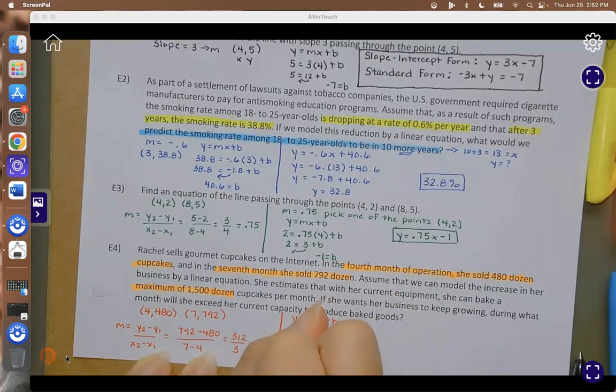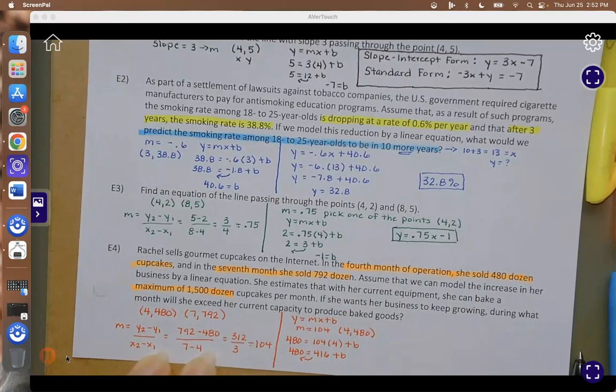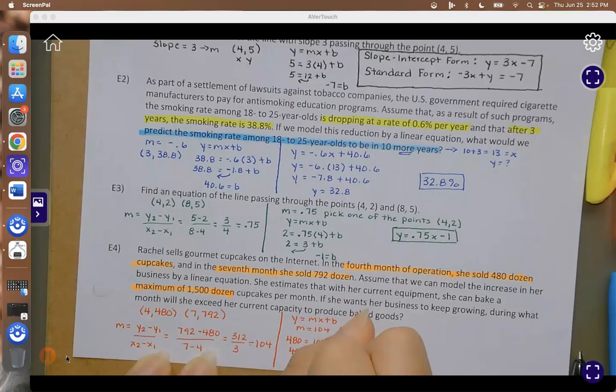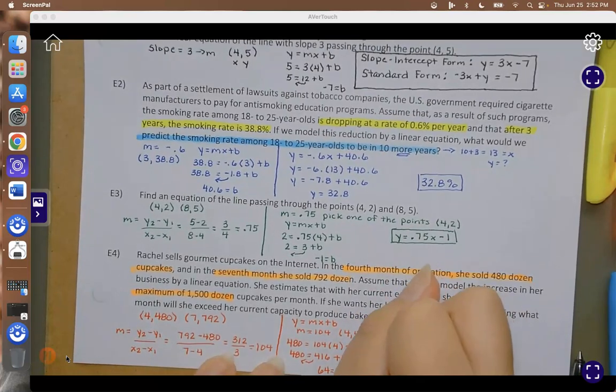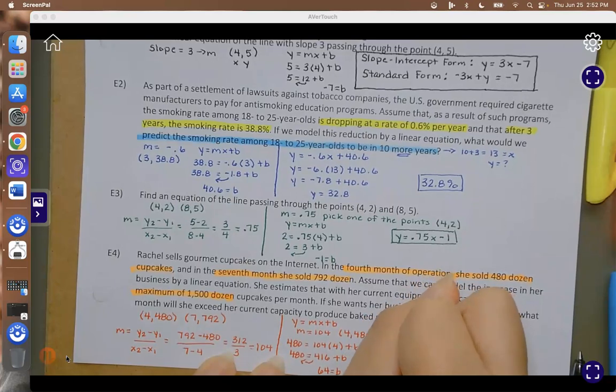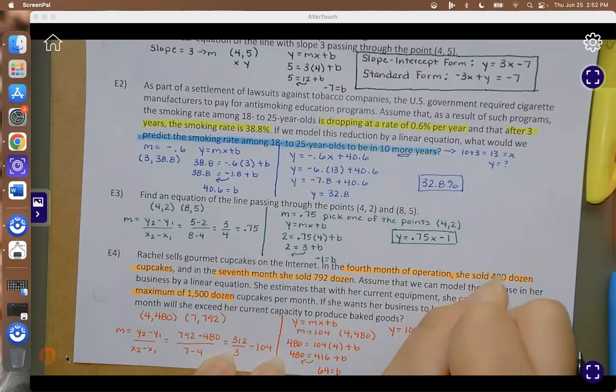So we have 480 equals 416 plus b. We move the 416 over, and 64 is b. So we have y equals 104x plus 64.